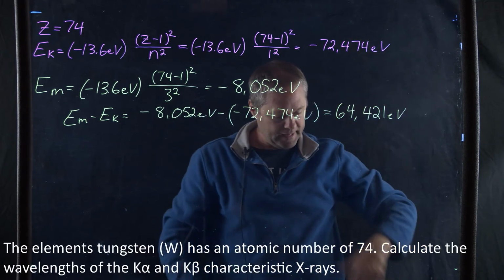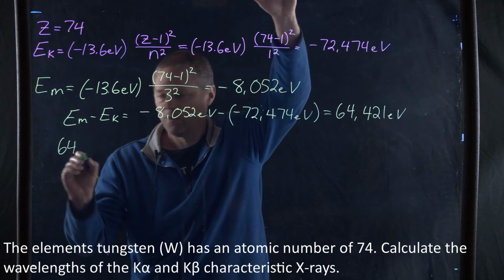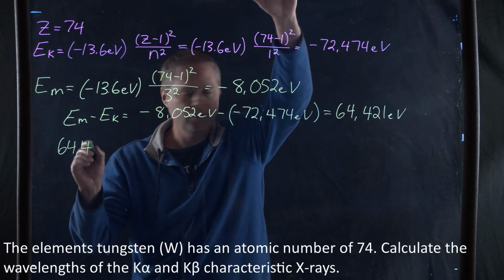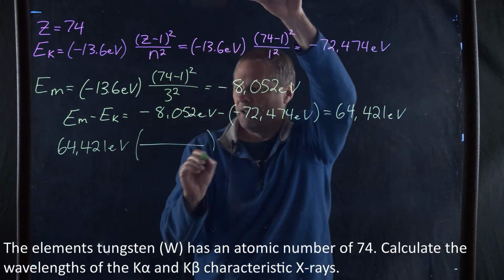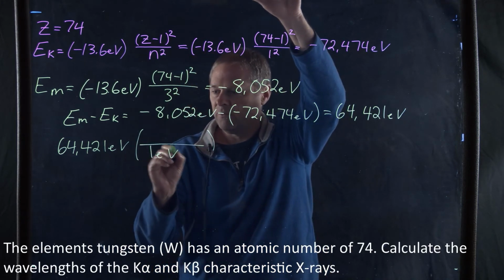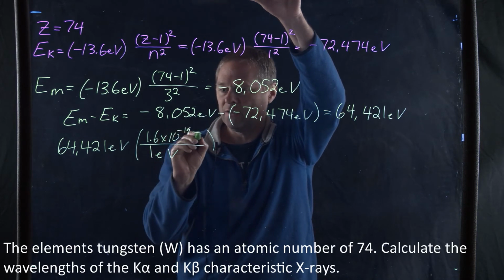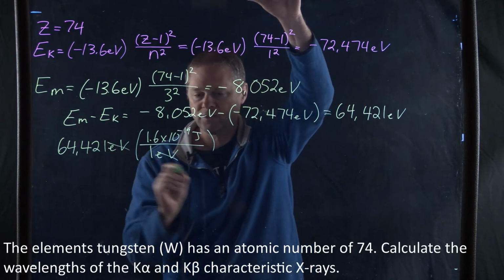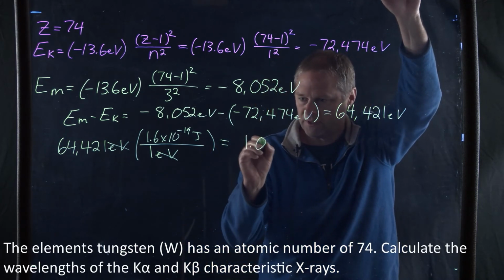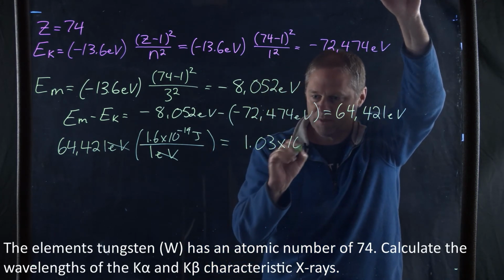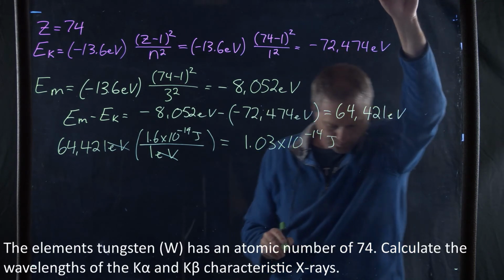We convert that into joules. We take the 64,421 electron volts, and 1 electron volt is equal to 1.6 times 10 to the minus 19th joules. The electron volts cancel, and this gives us 1.03 times 10 to the negative 14th joule.